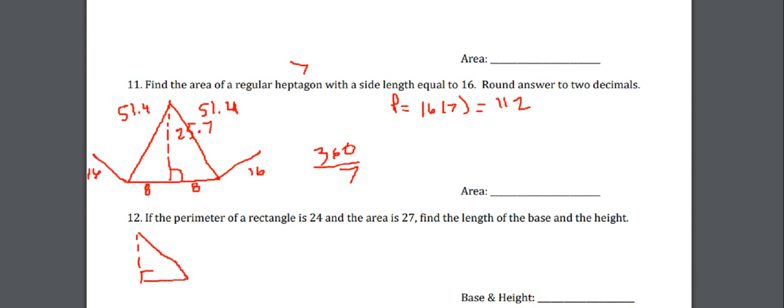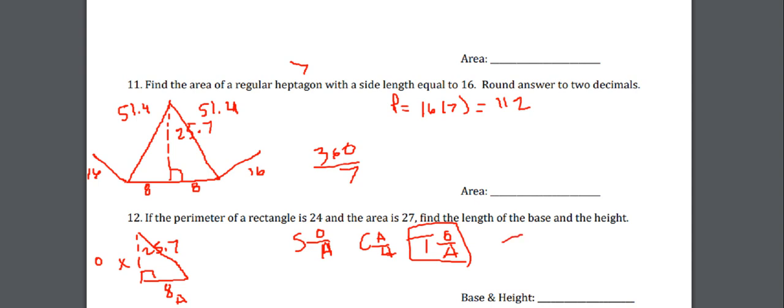Again, these problems take a lot of different steps to get there. But if you have 8, we're trying to find the apothem, and this is 25.7. Okay, we have to use our trig functions, SOH CAH TOA. I have opposite over adjacent, which means we have to use our tangent.